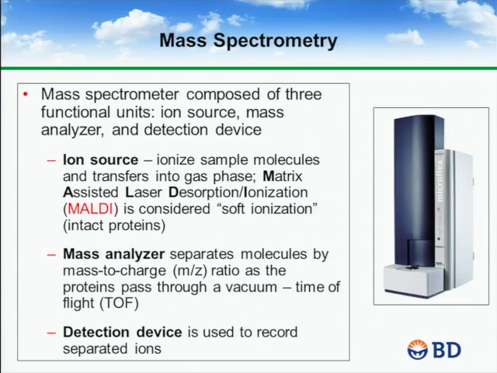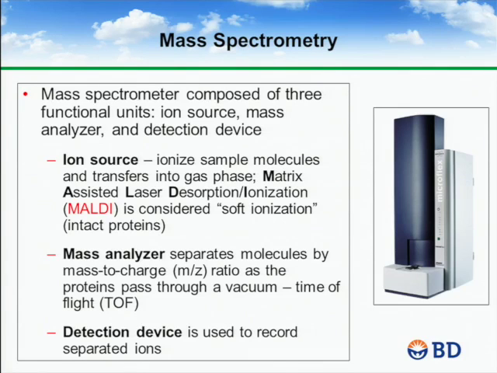MALDI-TOF, or matrix-assisted laser desorption ionization, is considered soft ionization, and what that means is it doesn't destroy the proteins. So in some work we did, we were able to characterize the isolated proteins using this technology. The mass analyzer actually separates the proteins based on their mass and charge.